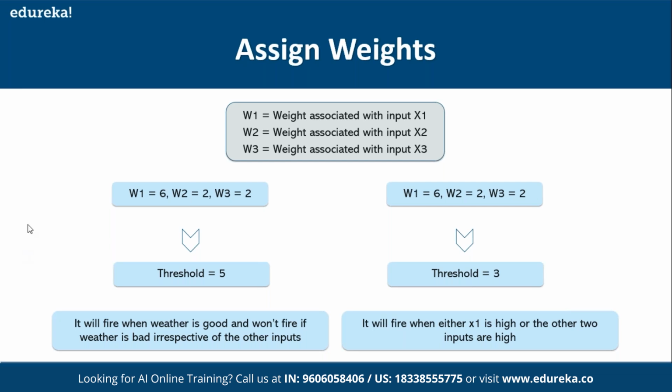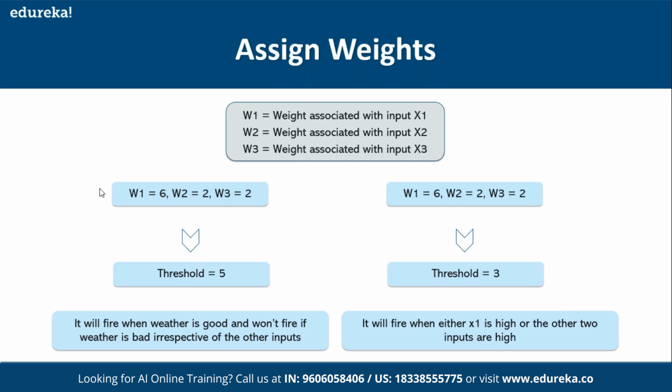Let's assume we assign a weight for our first input, which is the weather, which is 6. The weight for our second input is equal to 2, the spouse accompanying. W3 is the public transport available.